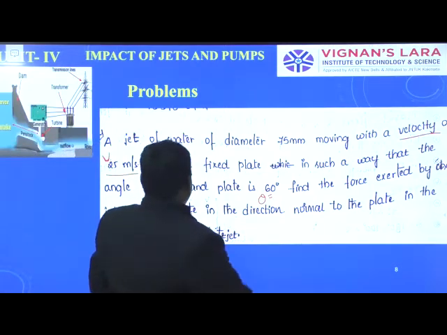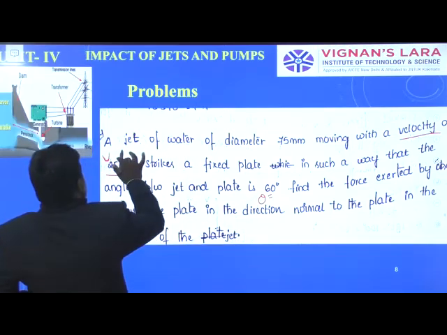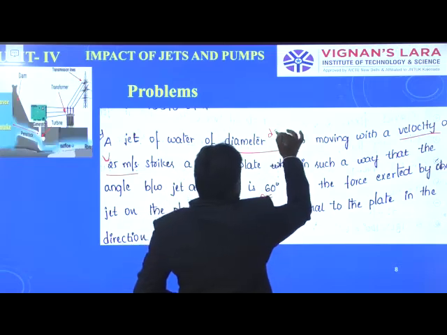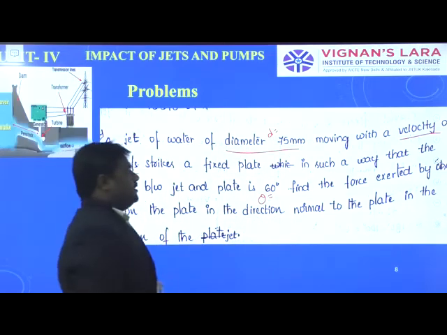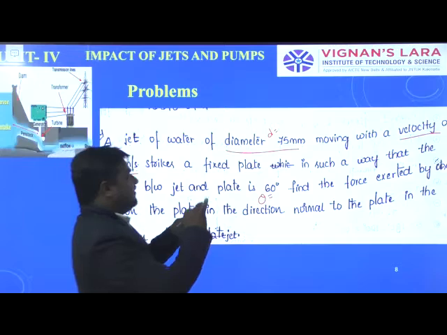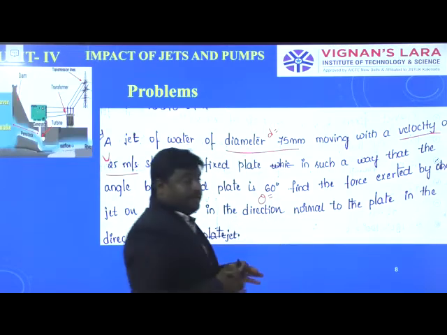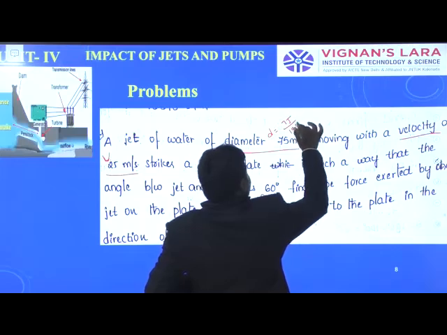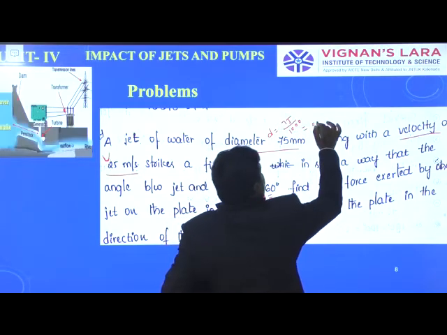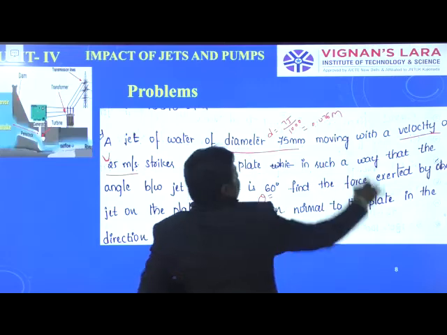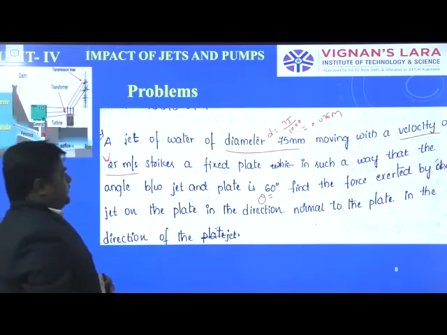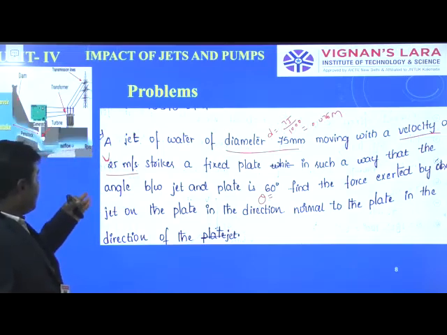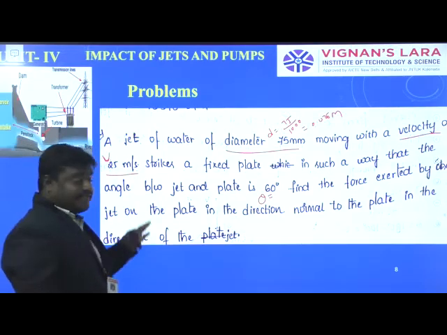So they have given a jet of water of diameter 75 mm. We have to convert 75 mm to meters: 75 by 1000, then we get 0.075 meters. It is moving with a velocity of 25 meter per second.